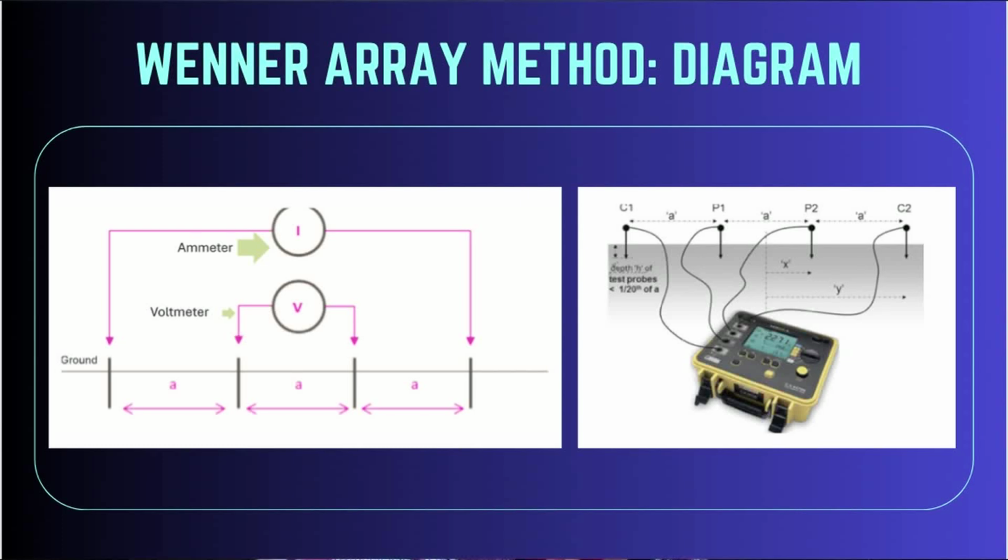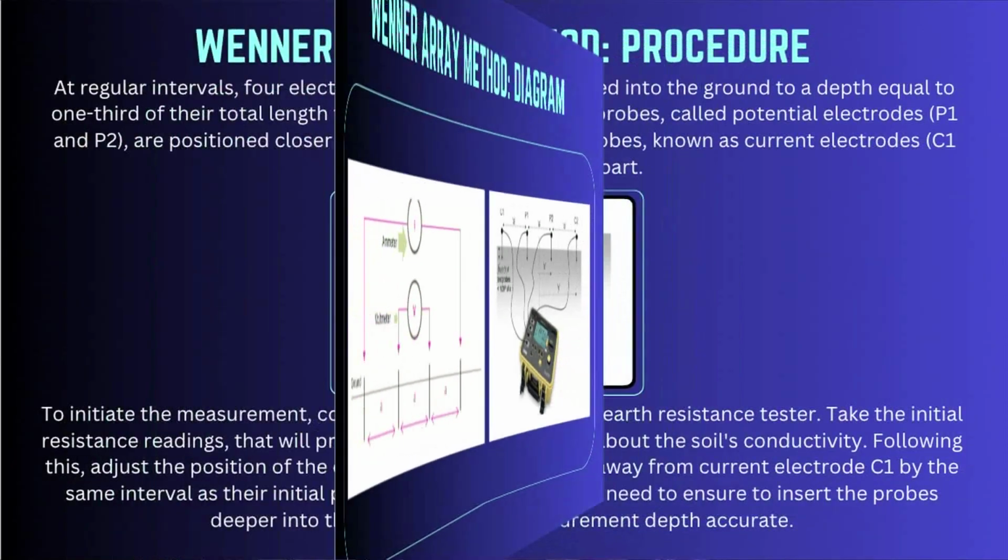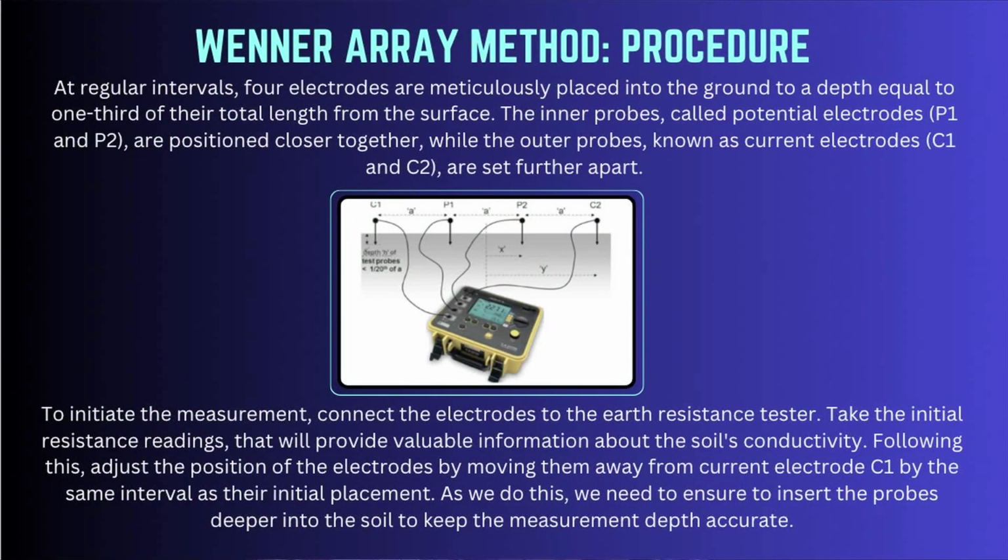So in the figure, one can see how resistivity is measured using measuring tools. First, at regular intervals, 4 electrodes are placed into the ground to a particular depth equal to 1/3 of their total length from the surface.